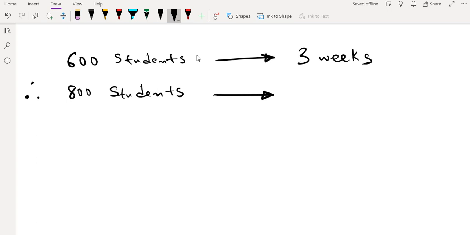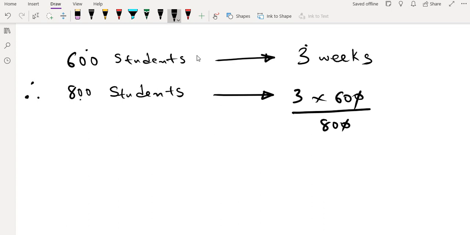Now, because this is not direct proportion but indirect proportion, it will be 3 times 600 divided by 800. So that is 3 times 600 over 800.